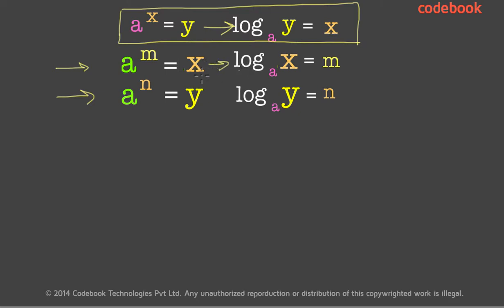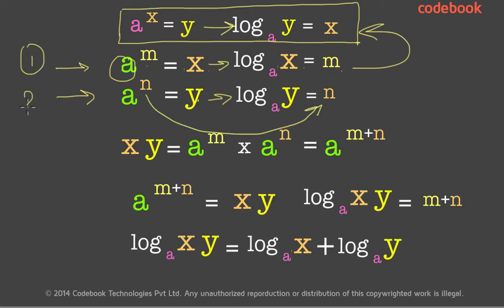This can be represented as log x to the base a is equal to m, based on the general representation. Similarly, a power n equals y is represented as log y to the base a equal to n. So the exponent of the base is the logarithm of that number.